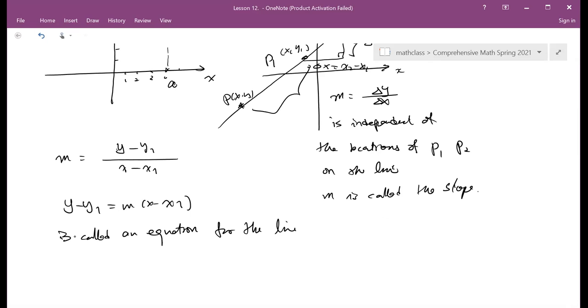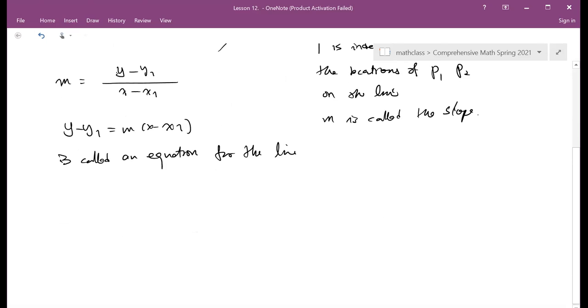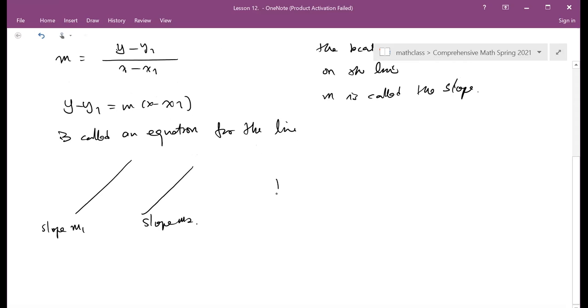Okay. Now we do have a couple of important facts about two lines. If two lines are parallel, so this line has a slope m1, and the other a slope m2, they are parallel if and only if m1 equals m2.